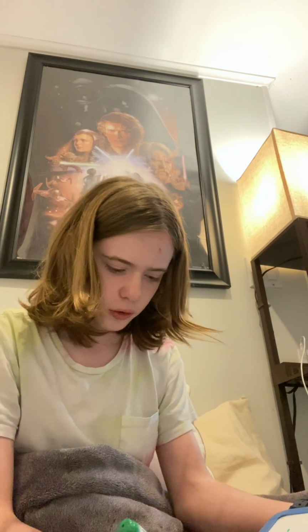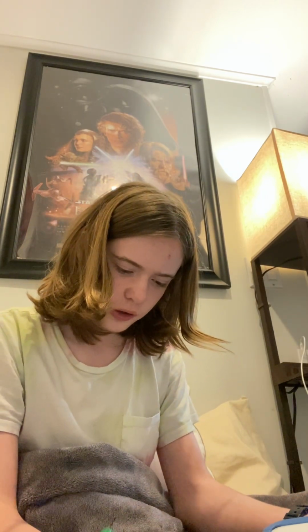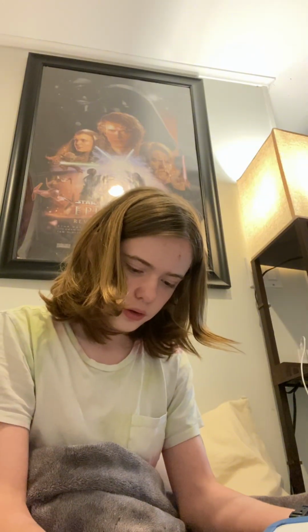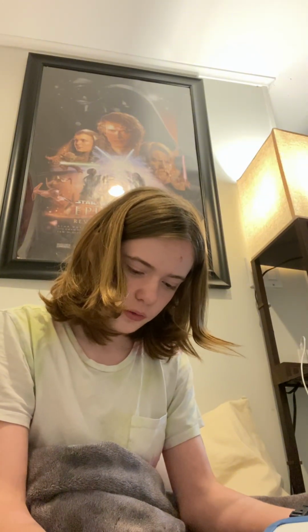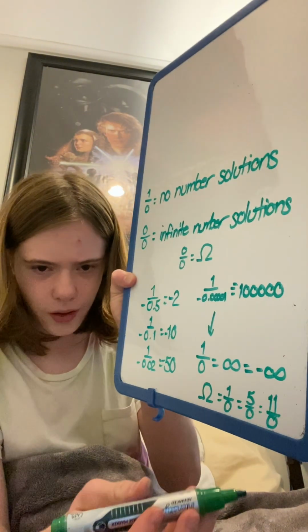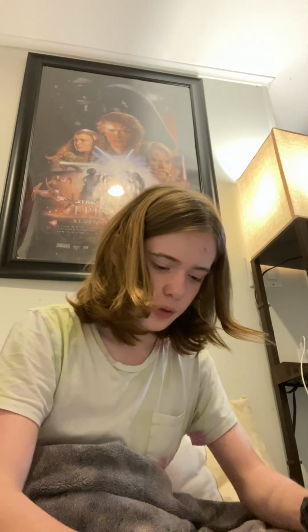So this could be a solution for 1 divided by 0, or 5 divided by 0, or 11 divided by 0. These all equal the same thing because they're approaching the same thing. So that's about it that I have to say for dividing by 0, and that's my proposal on what we should do for it.